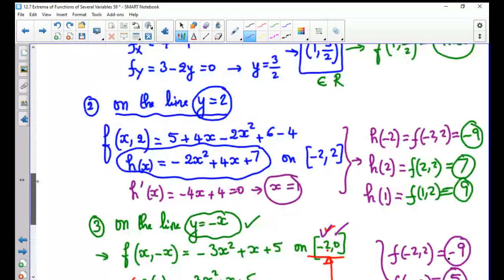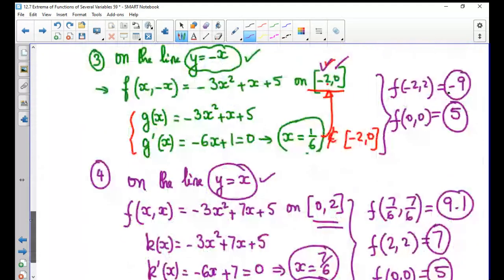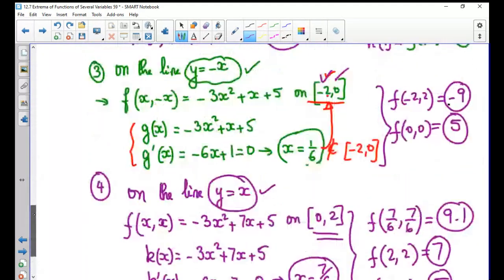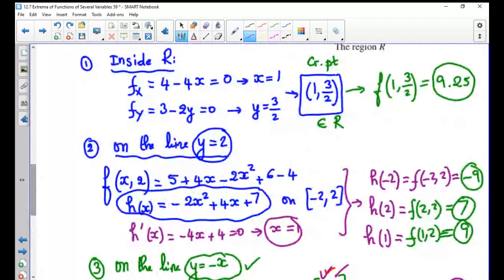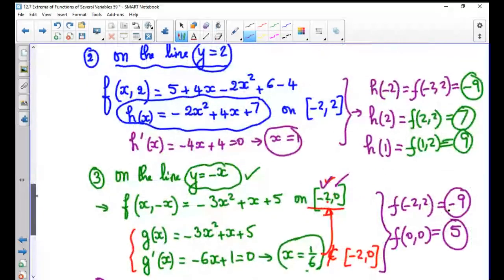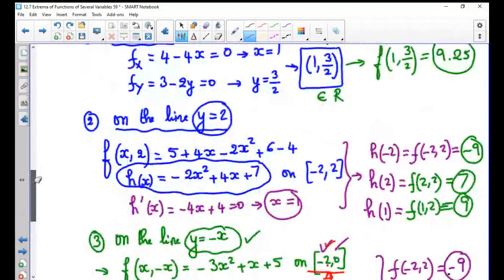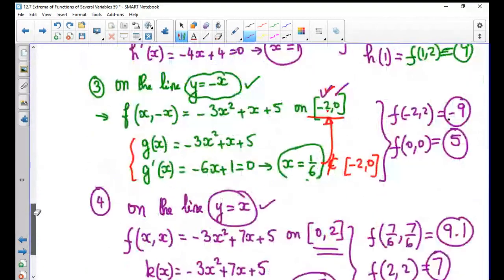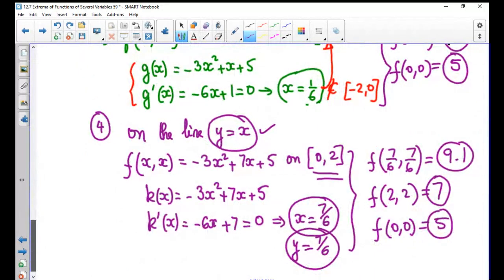So you can see now all these values of f, which we have on the right side. What is the largest one? If you look at all these values on the right side, what is the largest value you can see there?